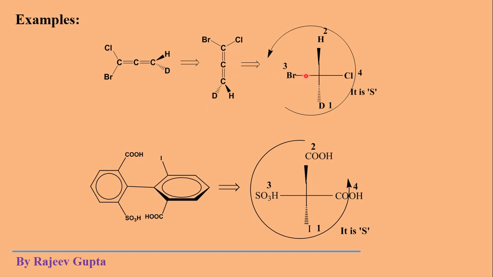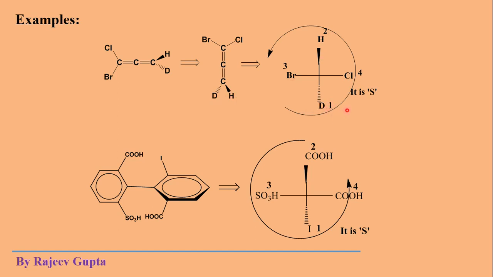Now draw the same thing as horizontal line and vertical line, with the wedge and dash portion on the vertical. Bromine, which is at the left side, put at horizontal, chlorine at the right side at horizontal, hydrogen on wedge, and the deuterium atom on dash.